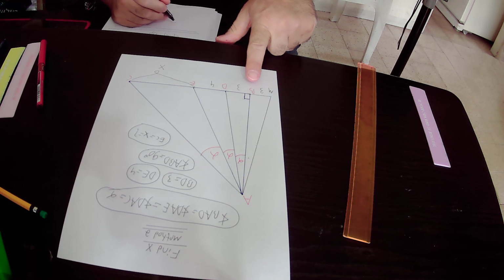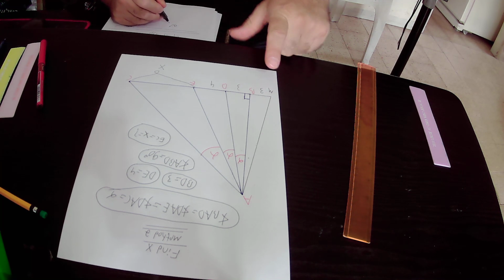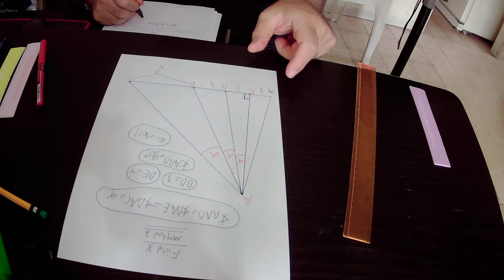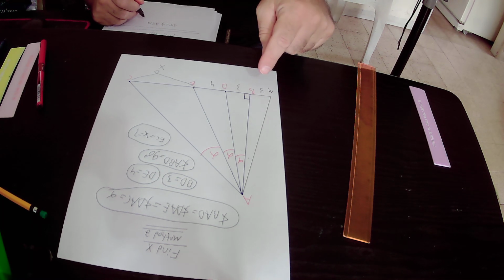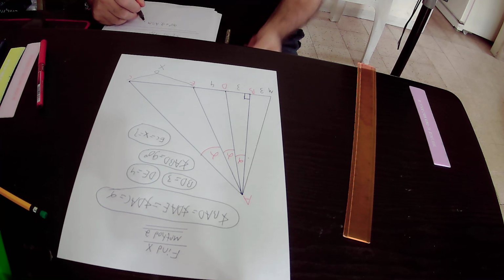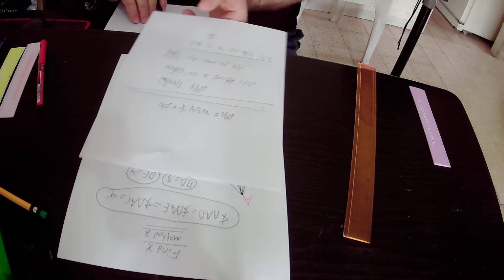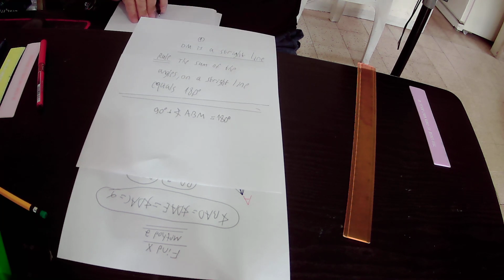It is given in the question that this angle equals 90 degrees, plus the size of angle ABM. The sum of those two angles, 90 degrees plus angle ABM, must equal 180 degrees, according to the rule that the sum of the angles on a straight line equals 180 degrees.